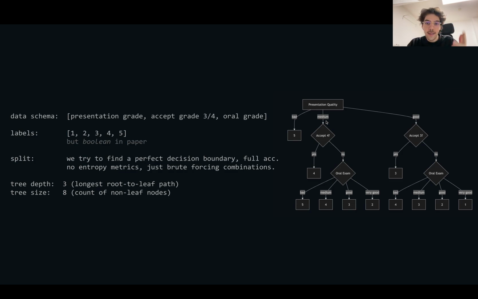So the tree depth, 1, 2, 3, and the tree size, 1, 2, 3, 4, 5, 6, 7, 8. And these are low parameters, which keeps the tree interpretable.